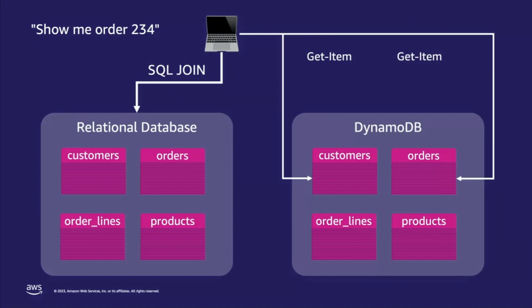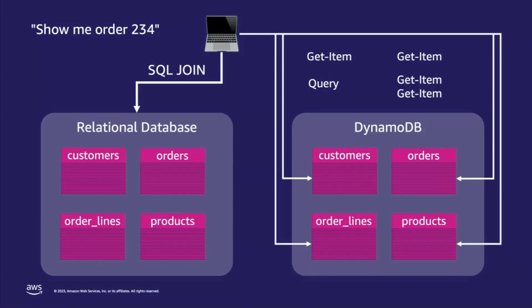Maybe now go to the order lines table and find any and all order lines that have the same order number. There were 2 of them. So for each of those, go to the product table and see which product was on that order line. So you end up with 5 or 6 or a lot of access patterns just to prepare a view of a single order. So I think there's a better way to model without having the same number of tables that we used to have in the SQL world.